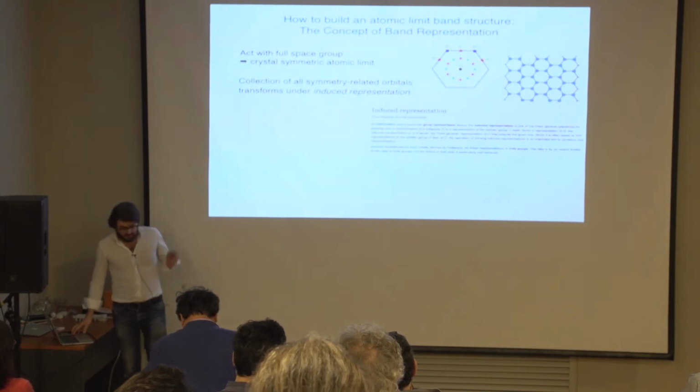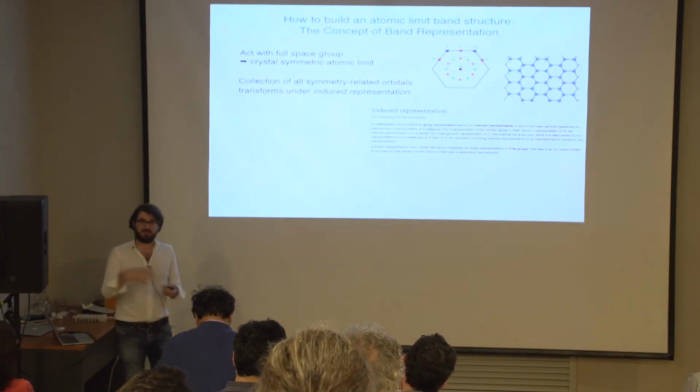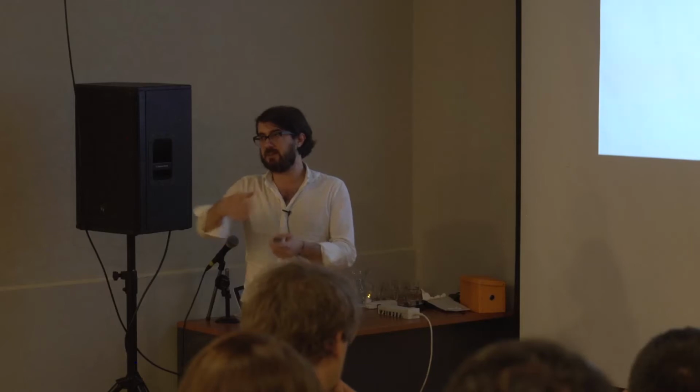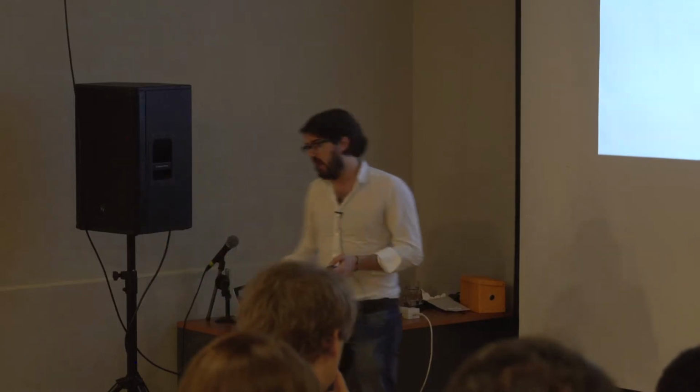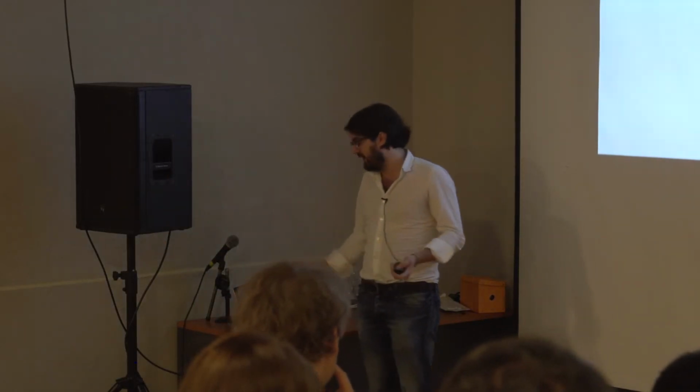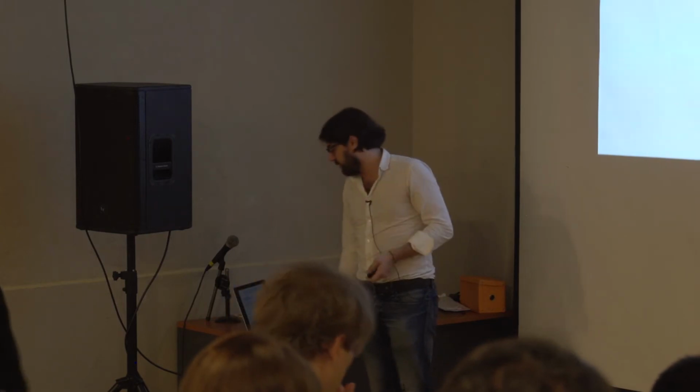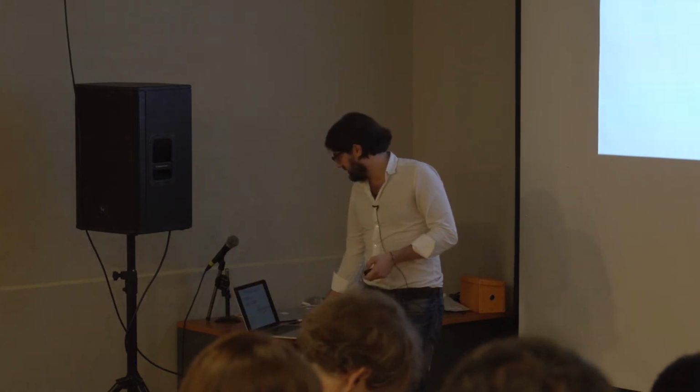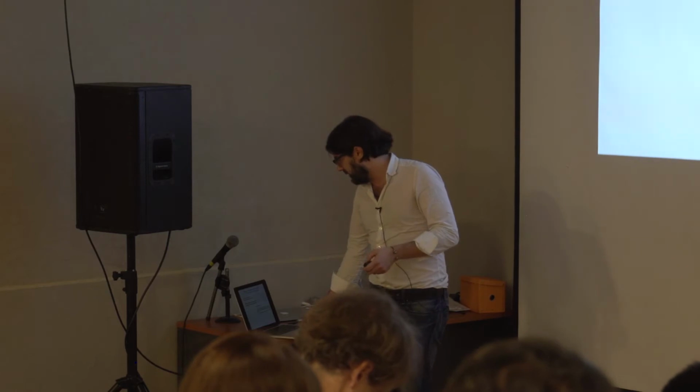There's an extra thing, however: the space group is infinite, whereas the point group is finite. So the space group contains an infinite number of translations, and that makes these representations or these bands particularly interesting, and is the reason why they have Berry phases, as you heard in Leonid's talk.